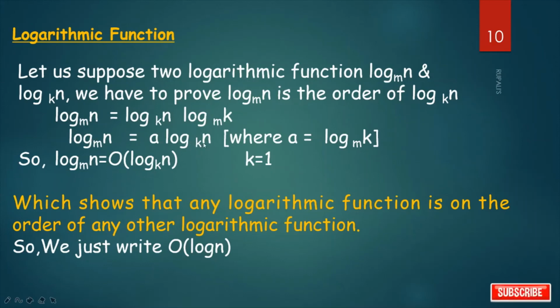So from the definition, we can write log m base n is of order of log k base n, where b equals 1, which shows that any logarithmic function is on the order of any other logarithmic function. So we can just write order of log n.